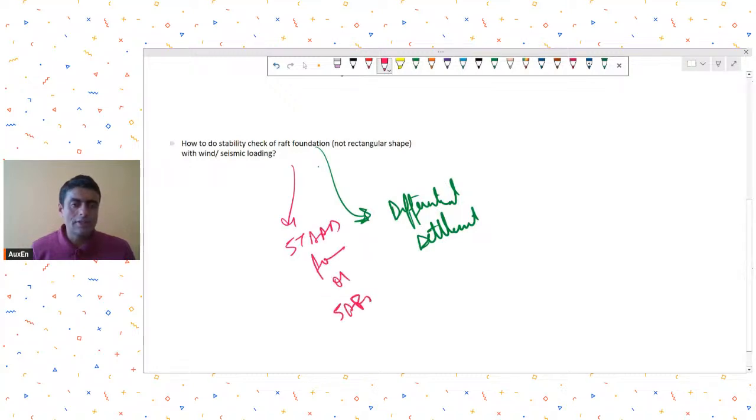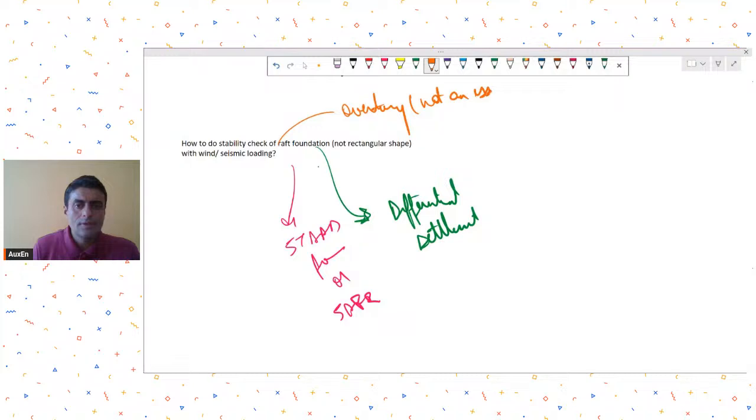So overall, what are the stability checks that you should perform? You should check for overturning. Generally, overturning in rafts of buildings is not an issue, because the gravity load that you get is quite substantial as compared to the moments in the raft.